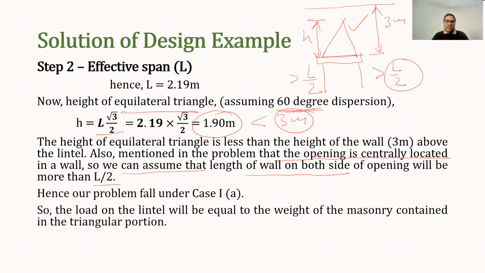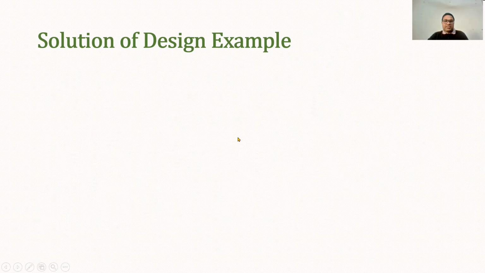So in case 1A, the load which will be coming on the lintel will be equal to the weight of masonry contained in the triangular portion, in this triangular portion. So only weight will be coming on this lintel. Now moving to the next step. So next step is calculation of the load.